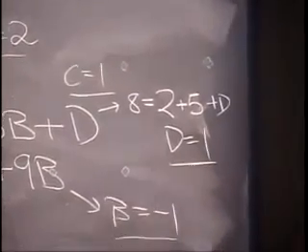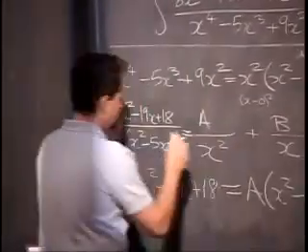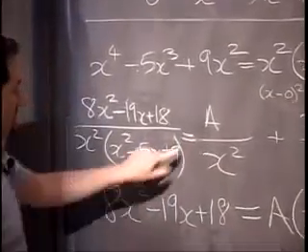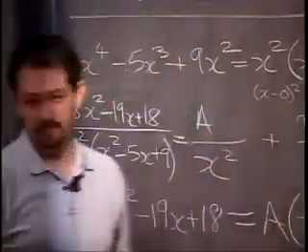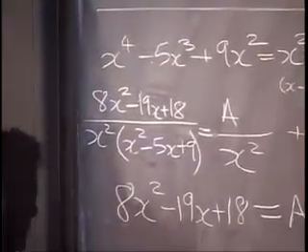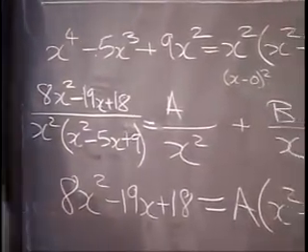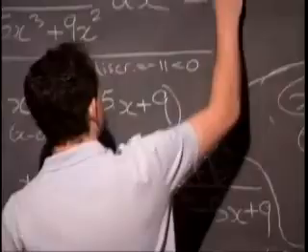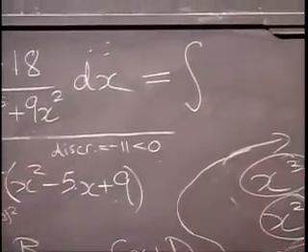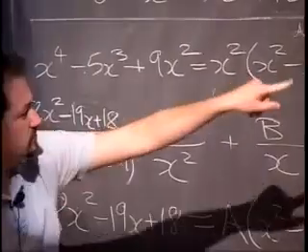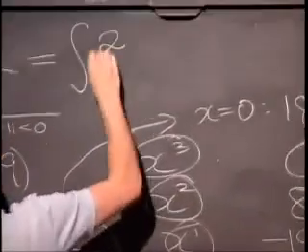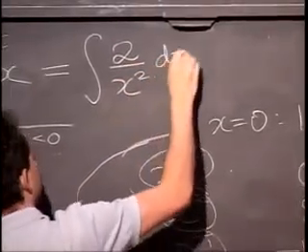So what? Well, we can come up over here and replace A, B, C, and D by those numbers that we just found. In particular, I can even do it in place up here in this integral. I'm going to get a over x squared. What was a? 2. Plus b over x.